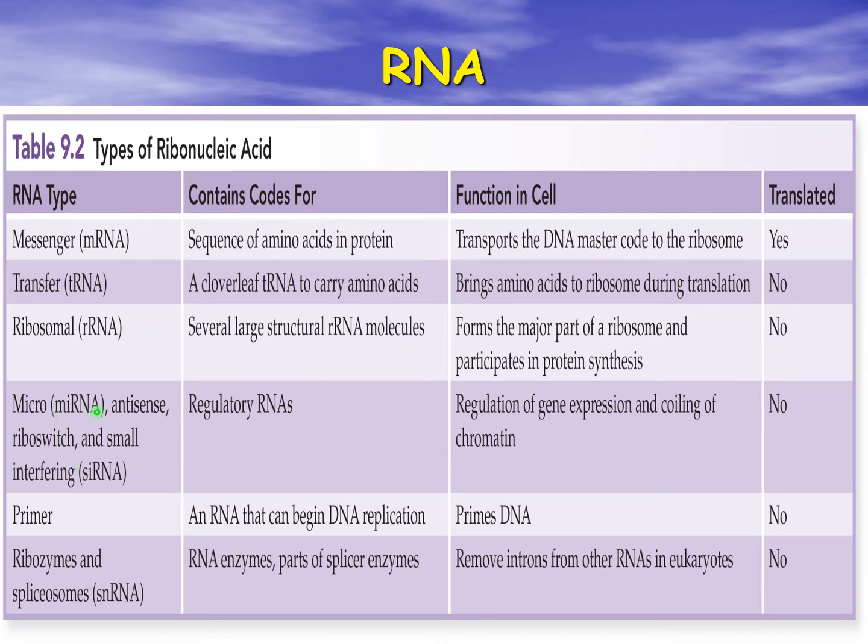The microRNA, antisense riboswitch, and the small interfering RNAs are regulatory RNAs, and they actually regulate the gene expression and coiling of the chromatin. And then we're going to talk a little bit later on about the ribozymes and spliceosomes found in eukaryotic cells that remove parts of the messenger RNA, what's known as the introns, before translation actually occurs.